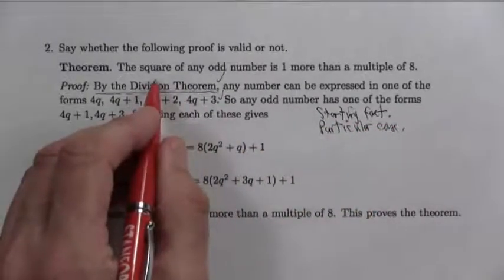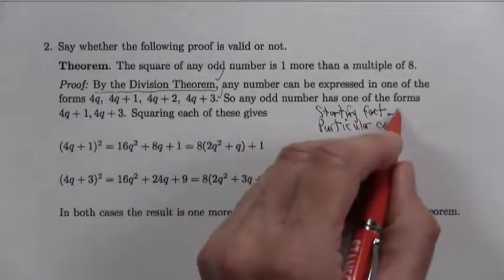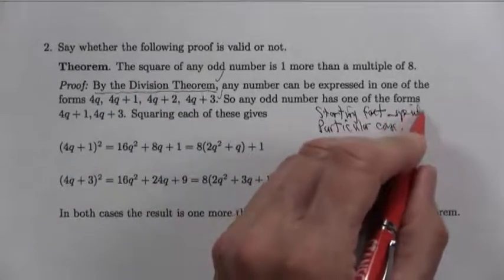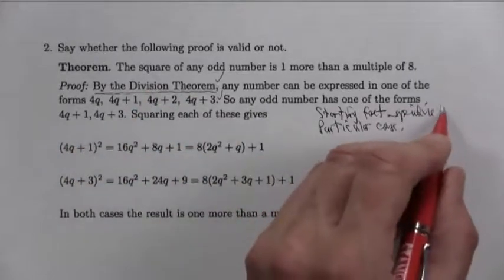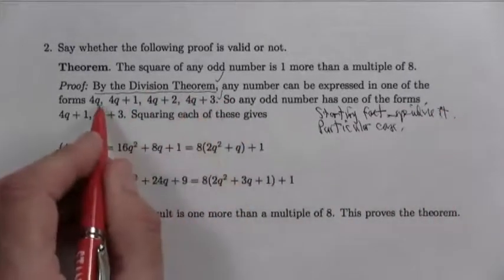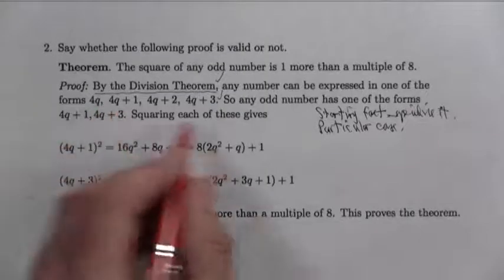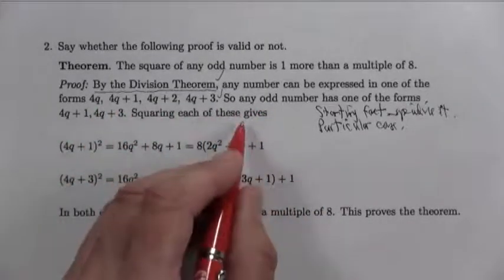The starting fact is the division theorem, then we specialize it to this case of divisibility by 4. Then we look at a particular case and say odd numbers of that form.